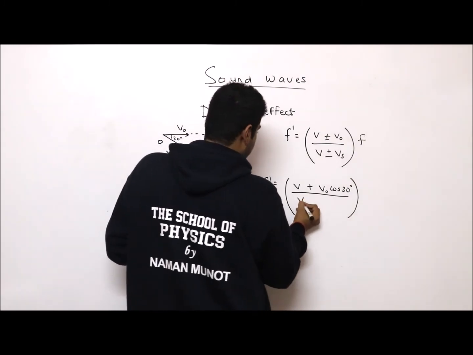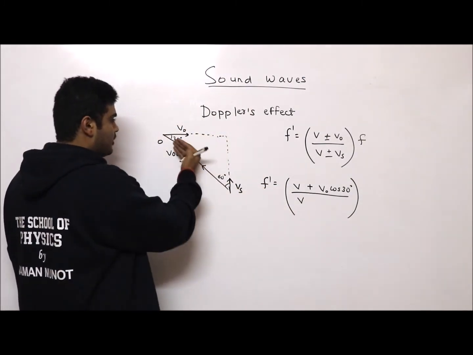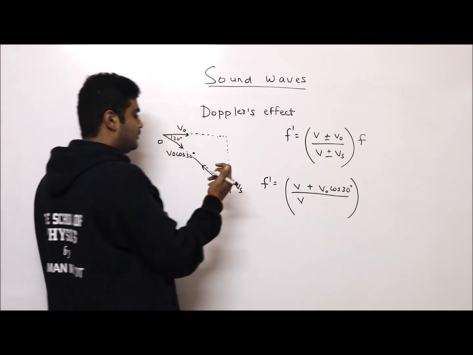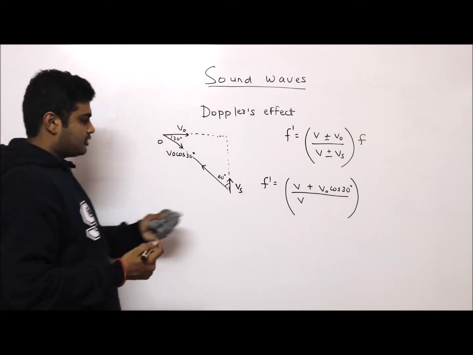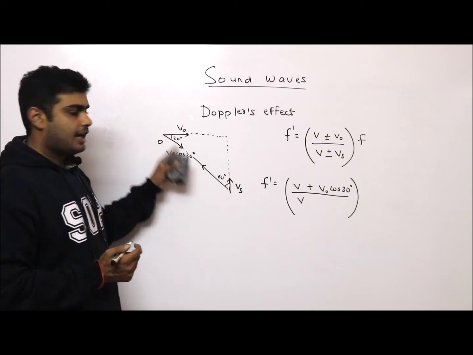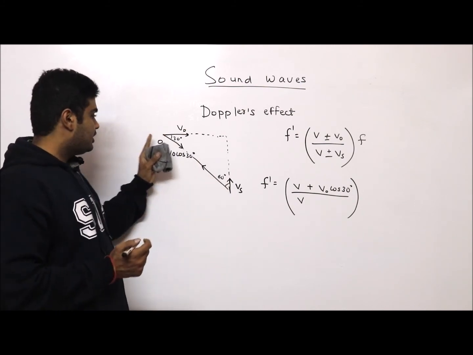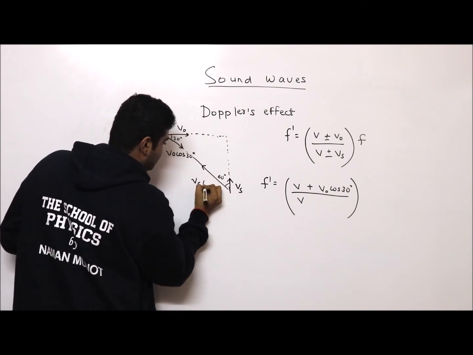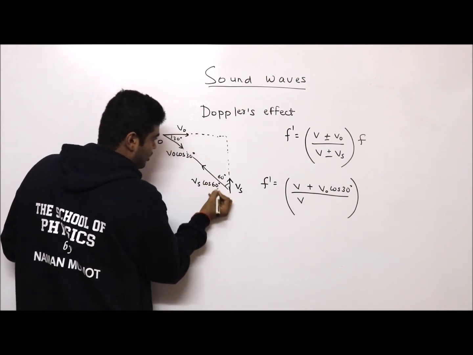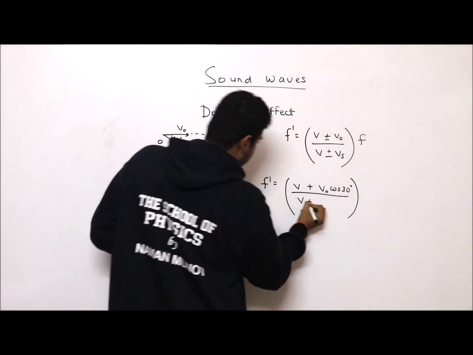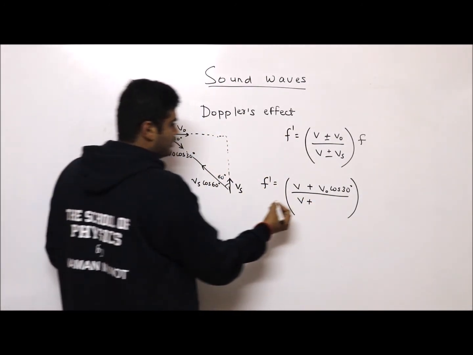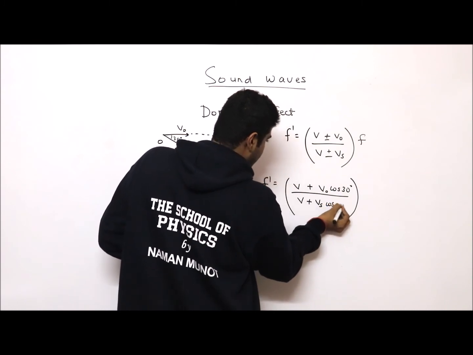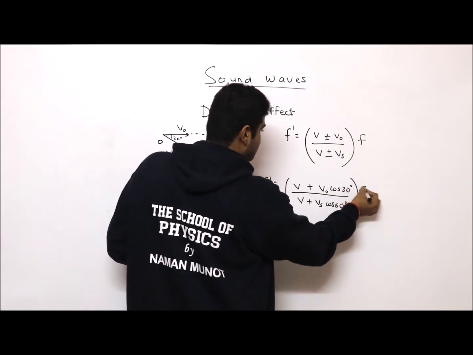Then, since the source is also moving towards the observer, we have to take the velocity of the source along the line joining the observer and the source. So along this line, it is Vs cos 60 degrees. Since the source is moving towards the observer, this is Vs cos 60 degrees, into frequency f.